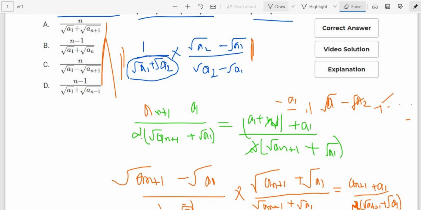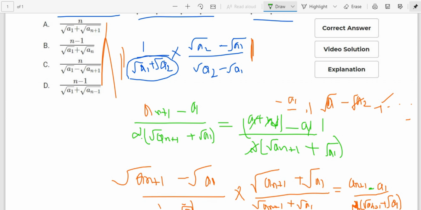So now here it is minus, yeah, because after rationalizing the sign will be minus, isn't it? After rationalizing the sign will be minus. So here it is also minus. So after rationalizing this, we get these numbers, and this and this will also cancel.